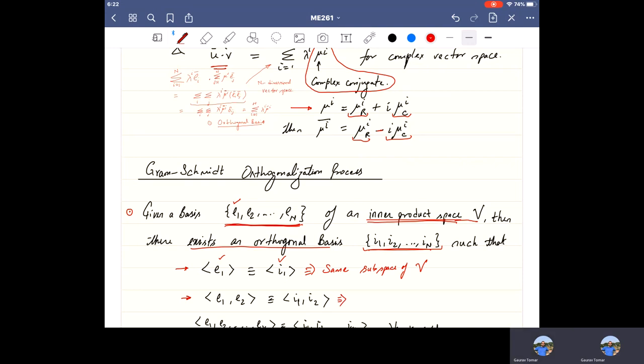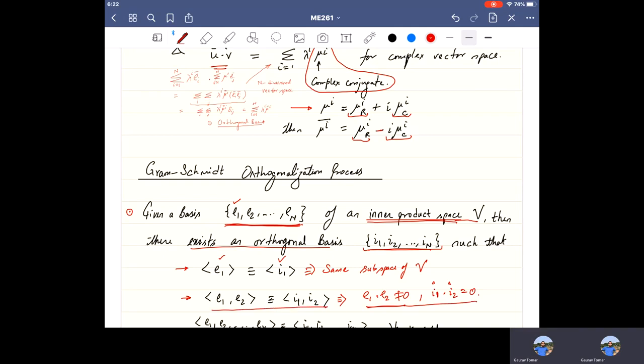The only difference is that E1 dot E2 is not equal to 0, but I1 dot I2 is 0, because this is an orthogonal basis. E1, E2 is not.